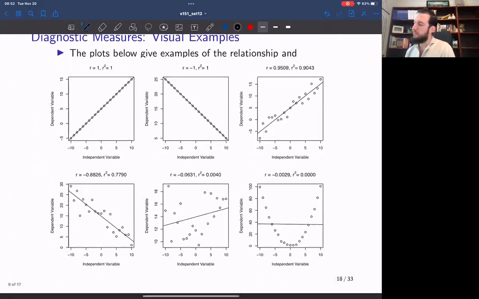So here are some different examples of R and R squared values, just to give you an idea of how the relationships would work.